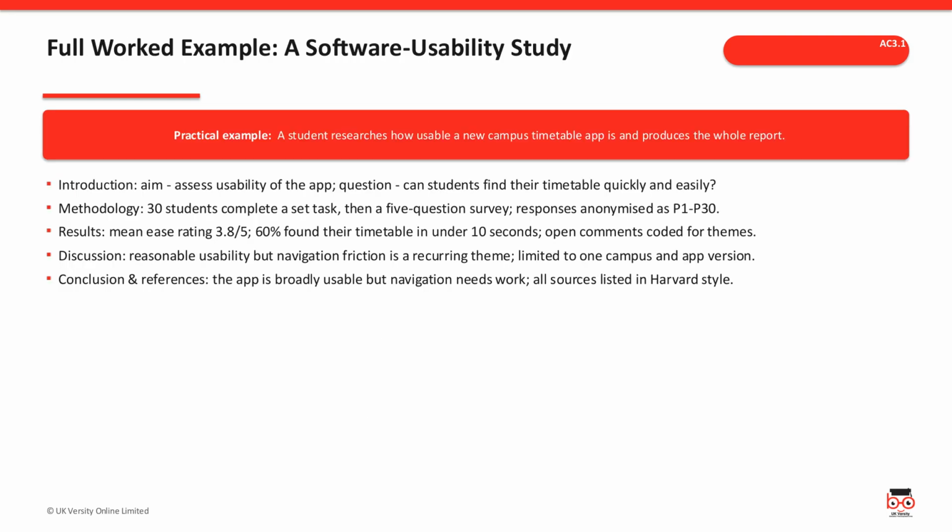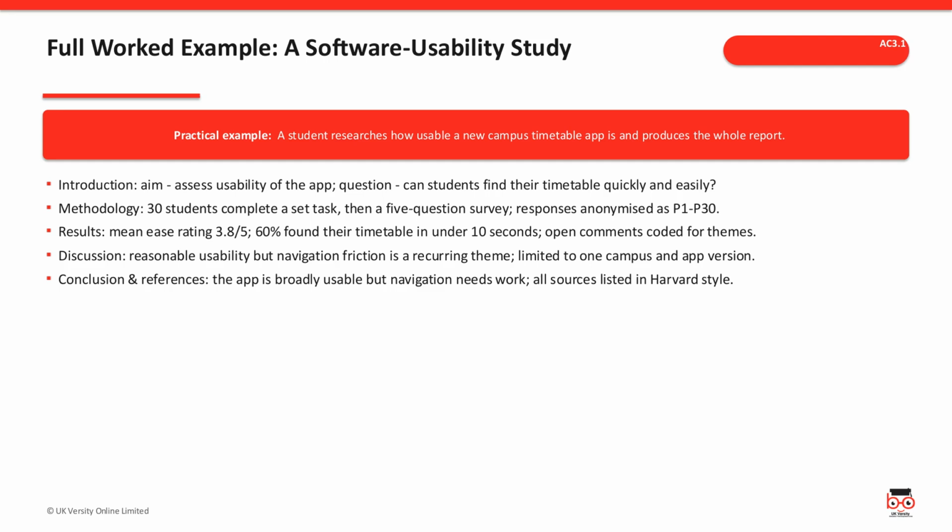Here's a complete example. A student researching how usable a new campus timetable app is. The introduction sets the aim of assessing usability and asks whether students can find their timetable quickly and easily. The methodology has 30 students complete a set task, then a 5-question survey with responses anonymized as P1 through P30.